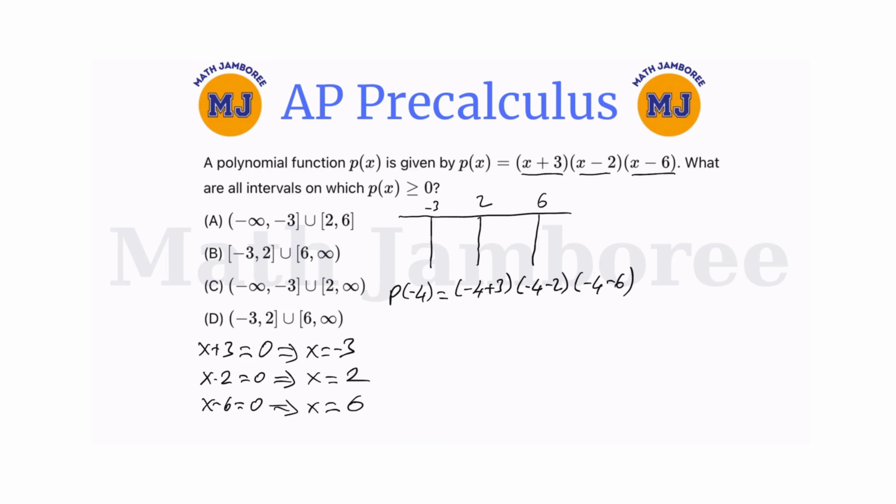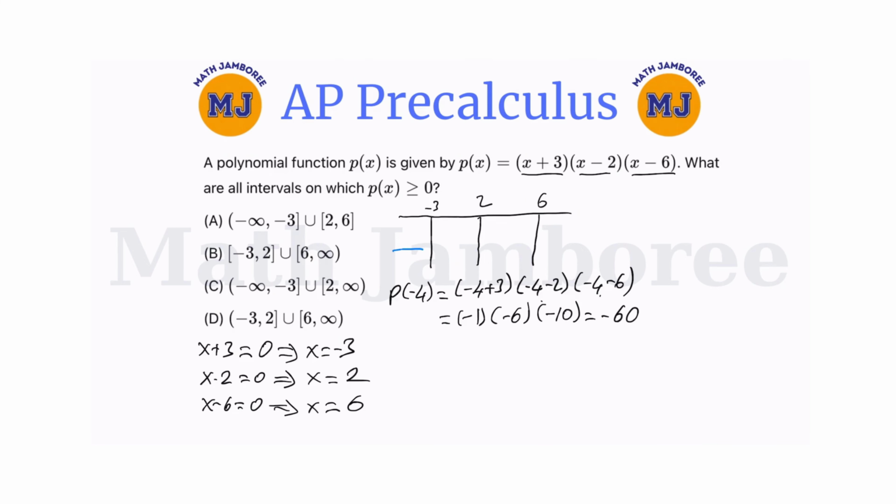You don't have to calculate all of these. The first factor is negative, the second is negative, and the third is negative, so it turns into negative. Or you can calculate negative 1 times negative 6 times negative 10, which gives you negative 60. So in this section, for values less than negative 3, p of x is negative.